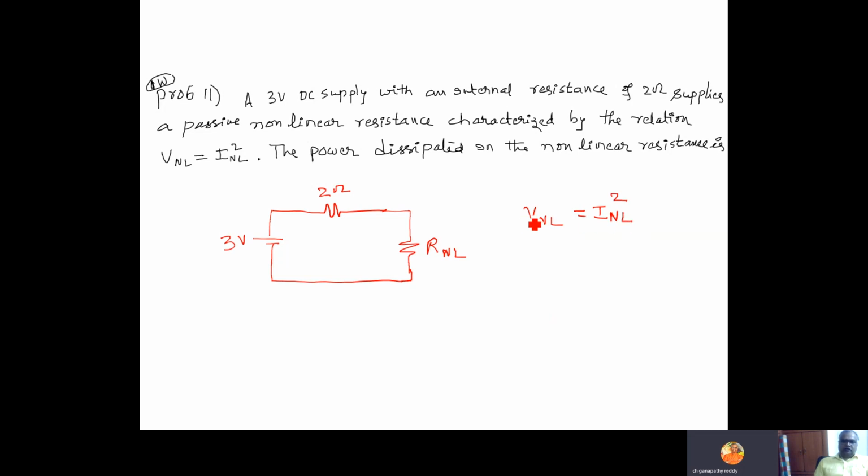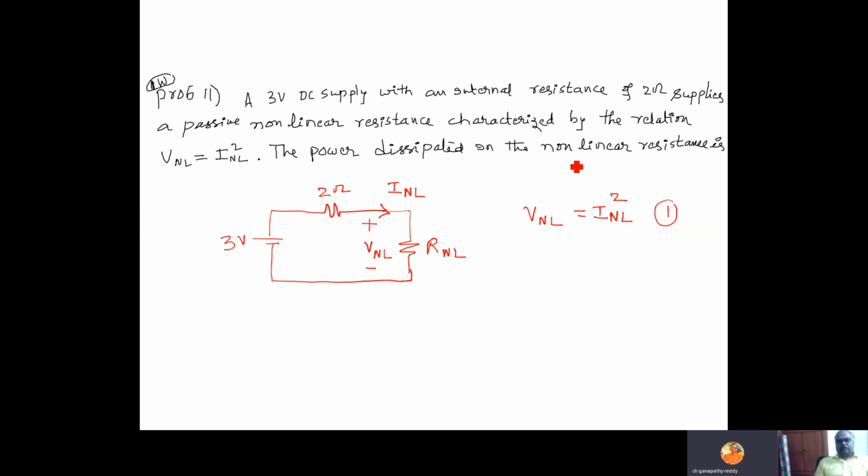NL means nonlinear, so the equation also looks nonlinear. VNL is the voltage across this, and the current in this is INL. This relation is already given in the problem.